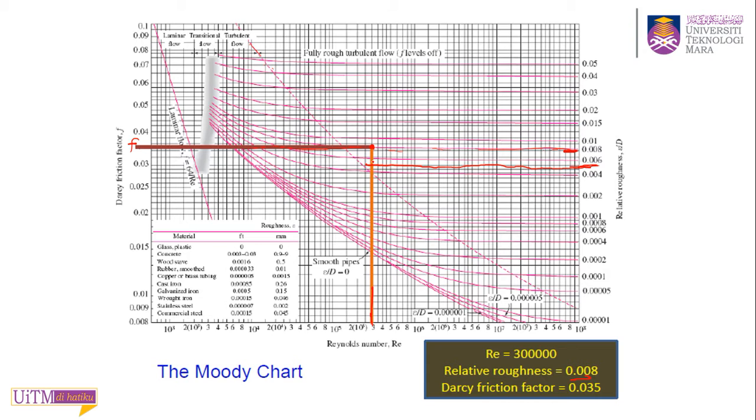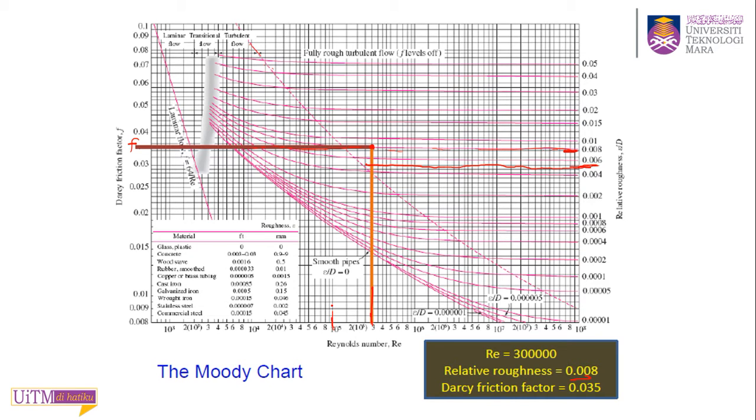Let's say your Reynolds number is 10 to the power of 5, 10,000. Okay, let's say your Reynolds number is 10,000. So this is your point.